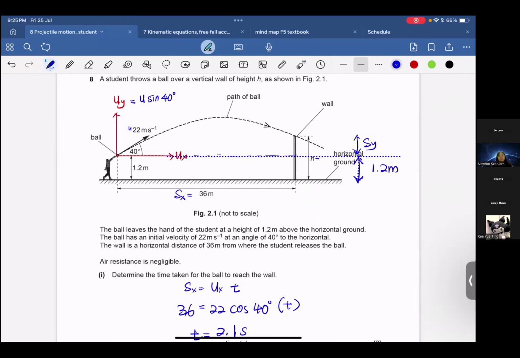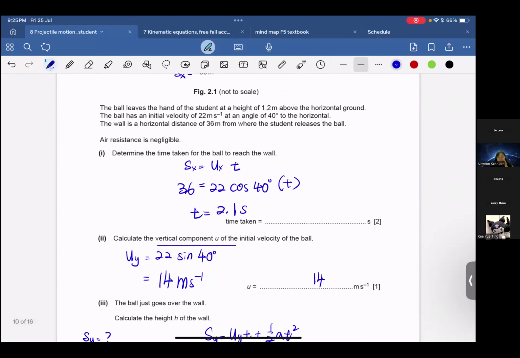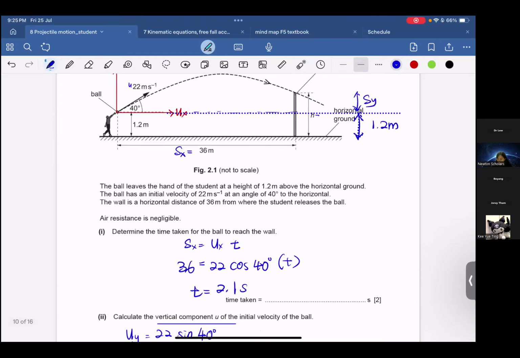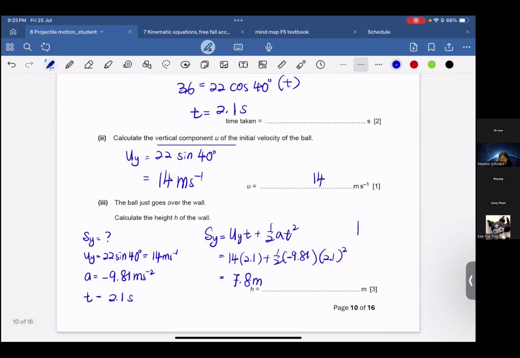1.2 meter. So the total here should be greater than Jore's, 7. Yes teacher, I do the same thing. Okay, no problem. So just now we calculate 7.8 meter. So in total, your height should be the SY that we calculate plus the 1.2. So your answer should be 9.0 meter. Put 0.0, give two significant figures.